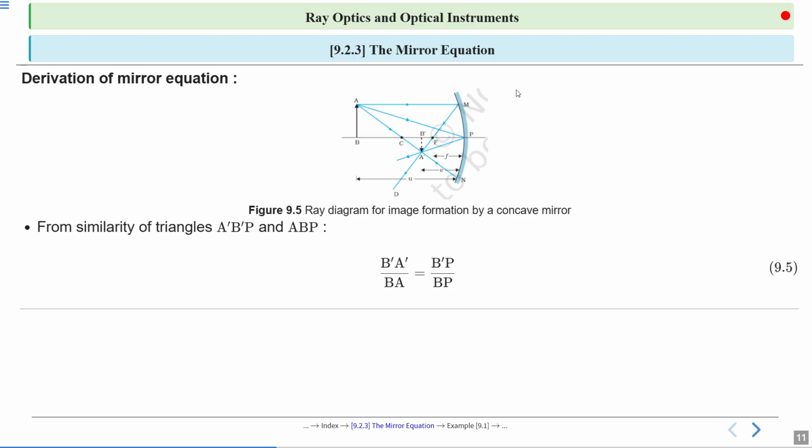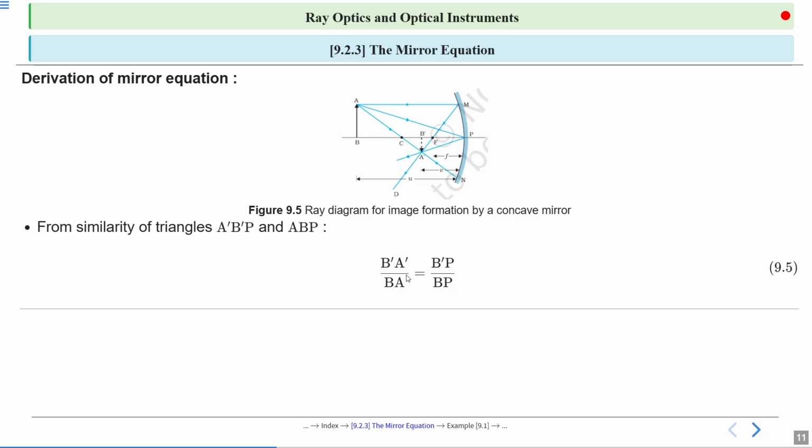One is large in size, one is small, but they have the same structure. So the base of one triangle corresponds to the base of the other, the perpendicular corresponds to the perpendicular, and the hypotenuse to the hypotenuse. So A'B' is corresponding to AB.